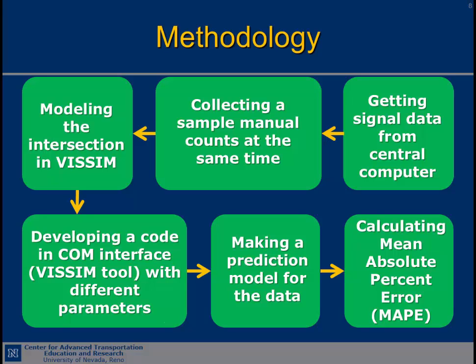Instead of doing it manually in VISSIM, we can use a COM interface, which is a VISSIM tool. Then based on the data from VISSIM, we can make a prediction model.